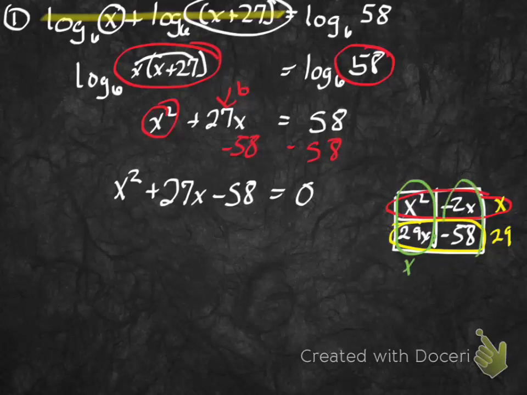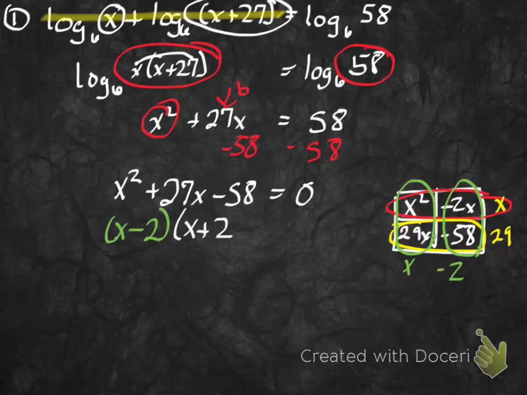Looking at our second column, and so that gives us the factors of x minus 2 and x plus 29. Now that I have it factored, what do I do to finish solving this? Set your factors equal to zero.